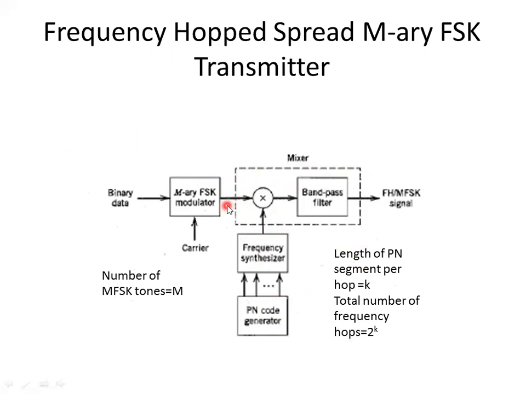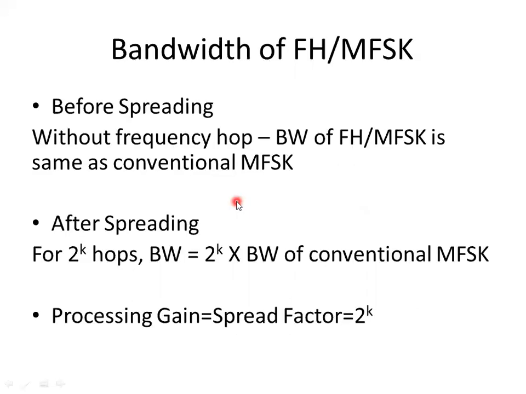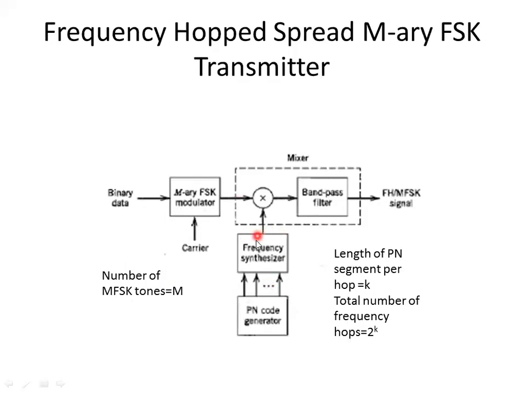That means it is the bandwidth of M-ary FSK. That means if the carrier uses F1 hertz, then at this point, the signal spectrum will be centered at F1 hertz. So it is the same as MFSK. Now after spreading for 2 to the power of k hops, let us say this frequency synthesizer can generate 8 different frequencies.